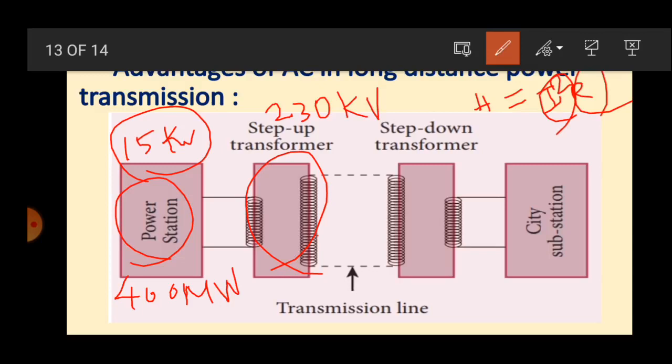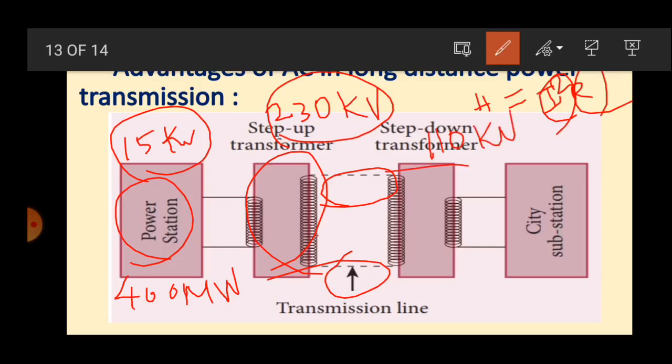The power is then transmitted through the transmission line, which forms a part of the grid. This is a grid of aluminum wire. The grid connects different parts of the country. Outside the city, the power is stepped down, now 230 kV into 110 kV, using a step down transformer.